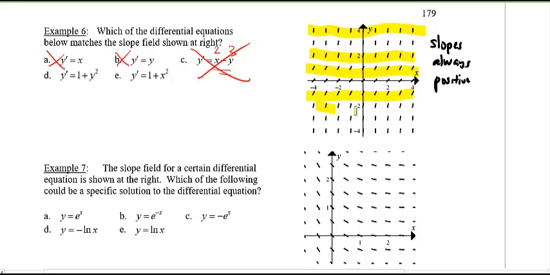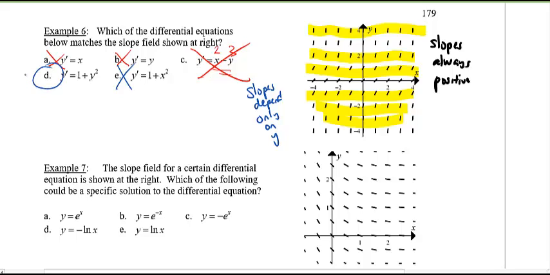What changes as I move up and down? Yeah, it's the y. So the next thing I want you to see is that the slopes depend only on y. And knowing that now, we can definitely eliminate E, and therefore D is the correct answer.